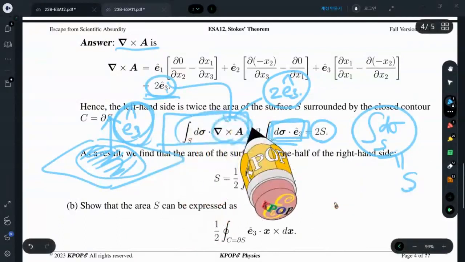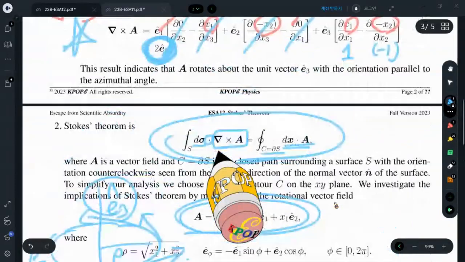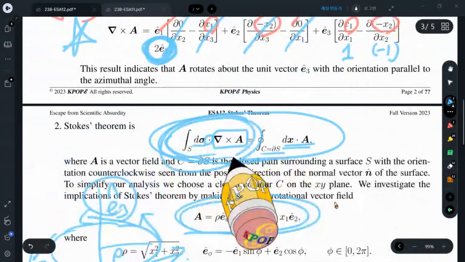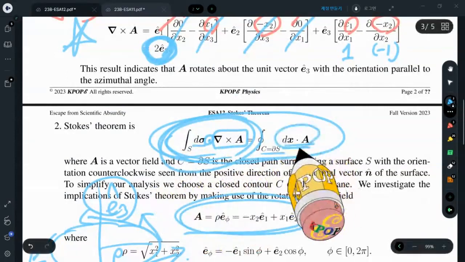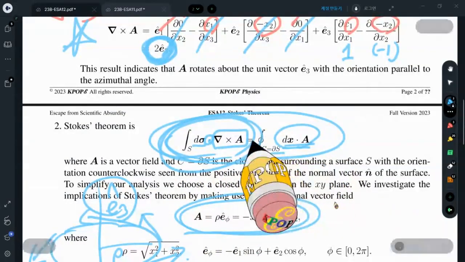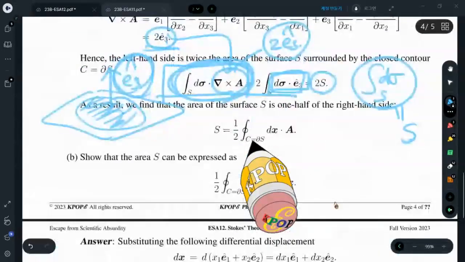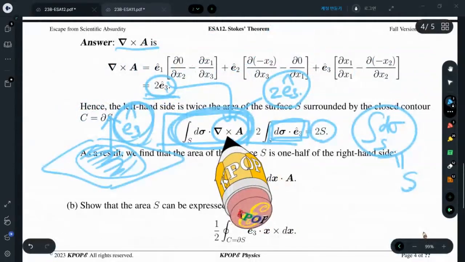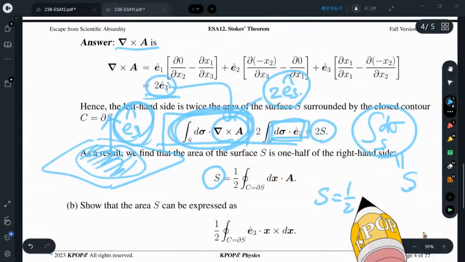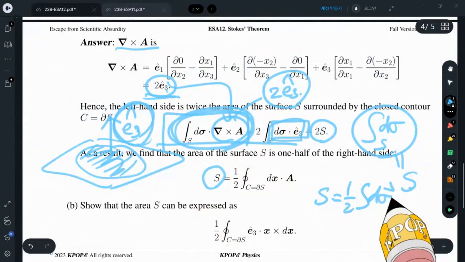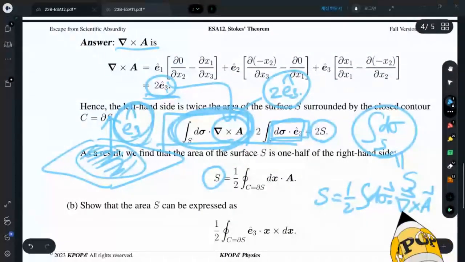However, according to Stokes' theorem, curl A's scalar product integral is just a line integral around the closed path. So the area is 1/2 integral of dσ dot curl A, right?